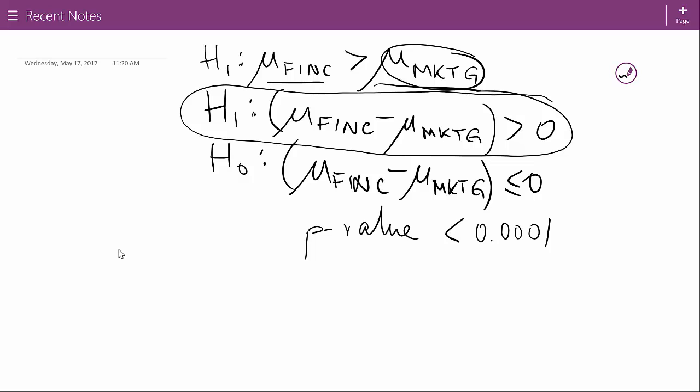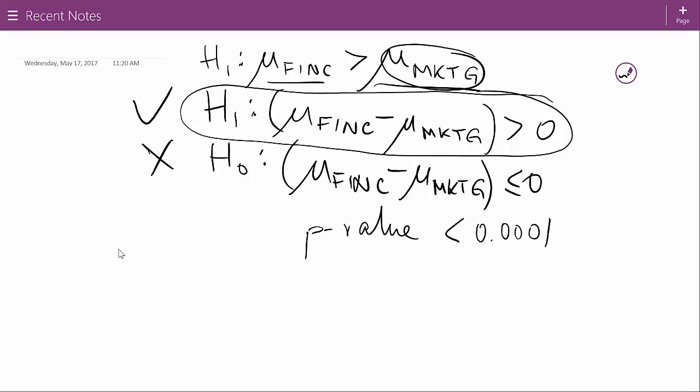So what do I do with this p-value? Keep the null or reject the null? Reject, right? Small p-value, you reject the null in favor of alternative. And what conclusion do I make from that? Do I have a statistical proof sufficient enough to claim that finance graduates are offered on average more money than marketing people?